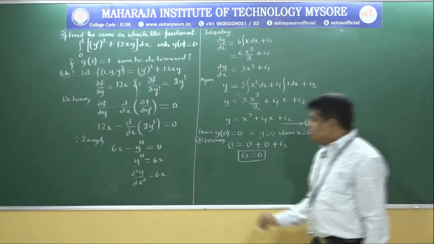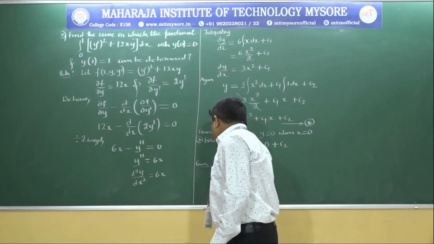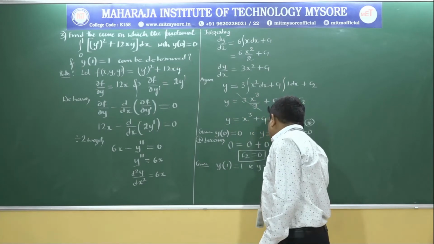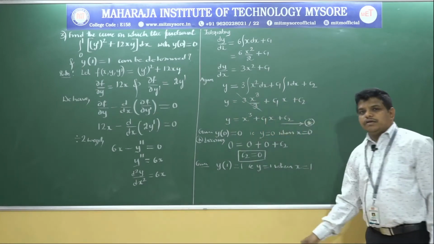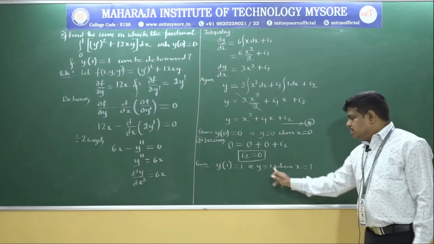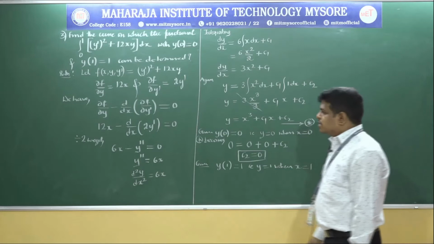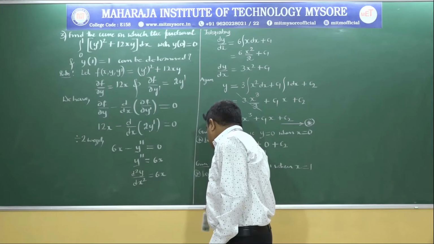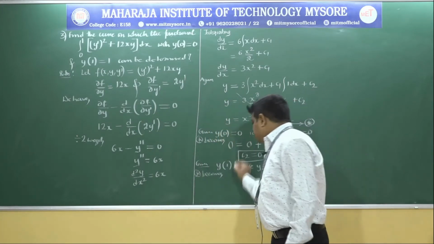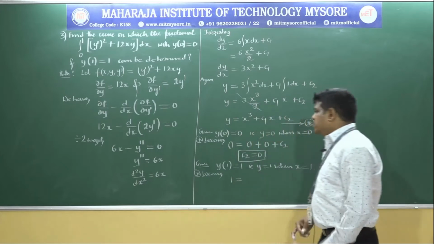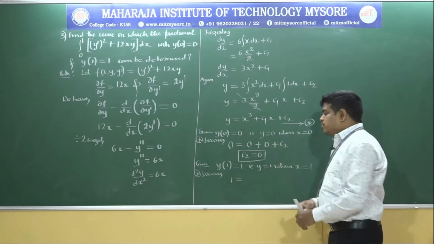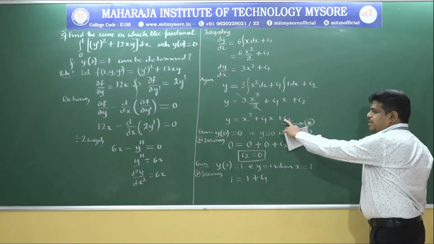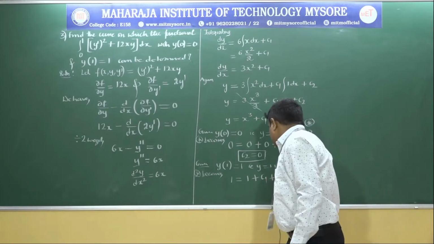Next, they have given another condition, that is y of 1 equals 1, that is y equals 1 when x equals 1. Now again substituting these values in equation star, when y equals 1, the left hand side becomes 1, that is equal to the first term of RHS, 1 cube is again 1, plus c1, and the value of c2 is 0, therefore the last term becomes 0.